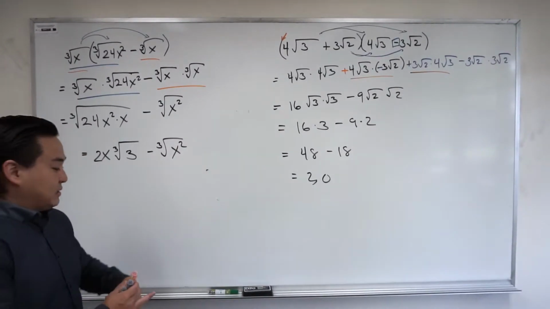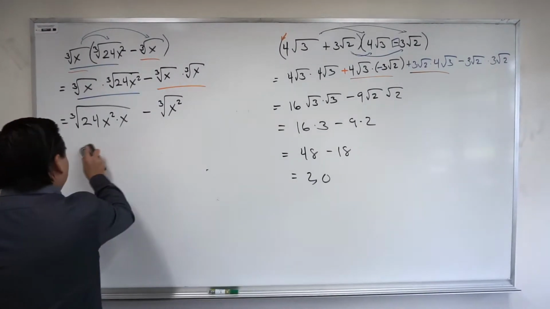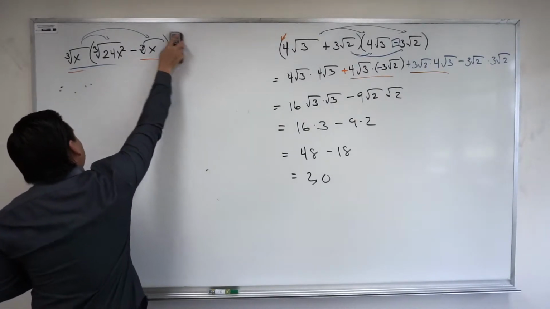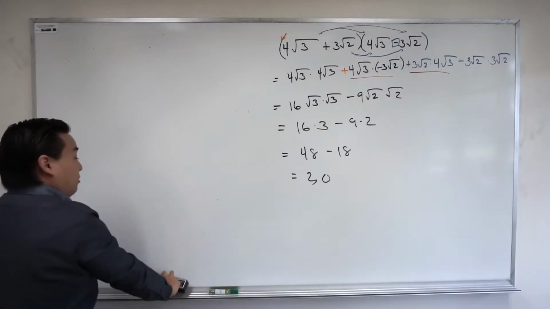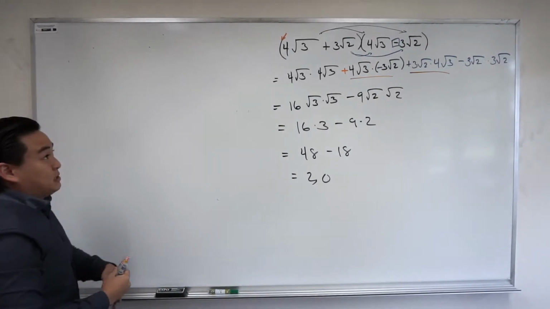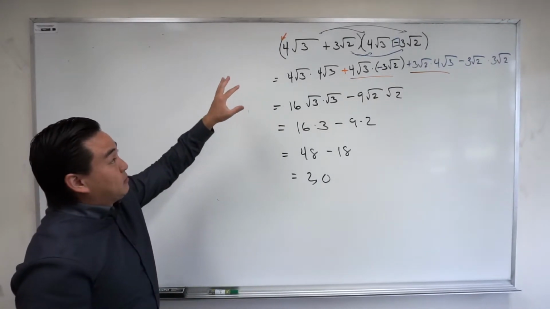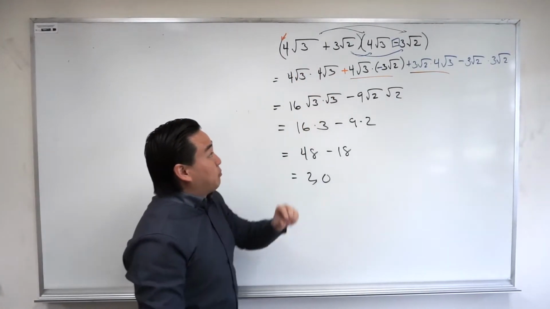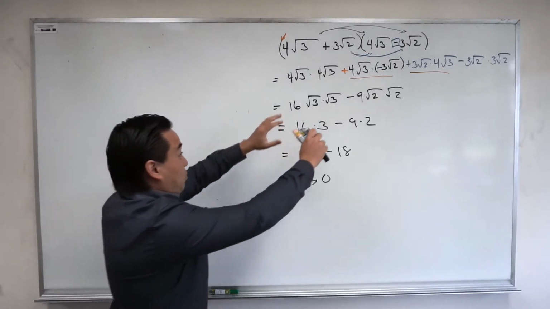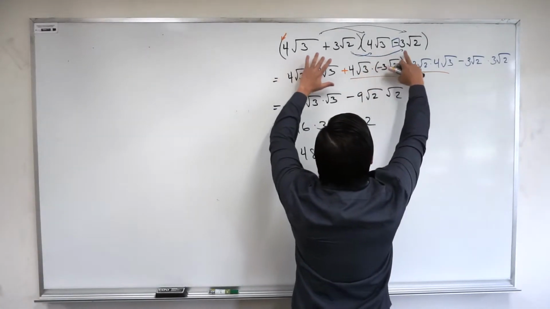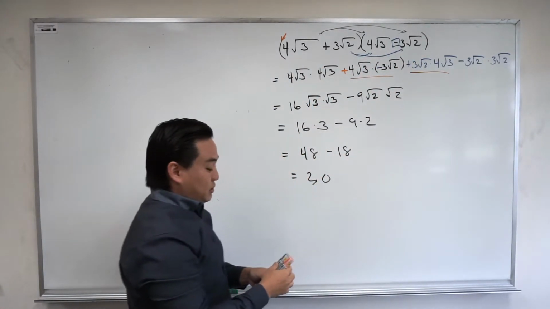Okay, so we have this answer over here, but if you're slick about the math, you'll see that the thing that we actually did is a difference of squares, because the first part has a plus, the second part has a minus, and the first parts here, this 4 root 3, are the same, and the second part 3 root 2 is also the same.